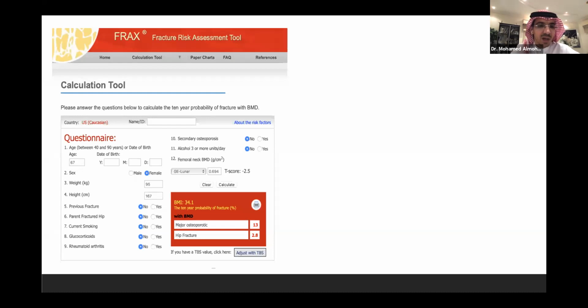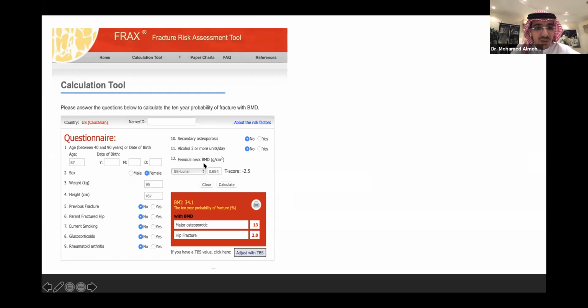One of the adjustments that we can do for this patient with poorly controlled type 2 diabetes has been studied by Leslie and his colleagues 2 years back. They addressed certain models and compared their predictions. One thing you can do is to click the input for rheumatoid arthritis, which might help estimate a higher fracture risk in type 2 diabetes patients. Another way is to increase the age by around 10 years.